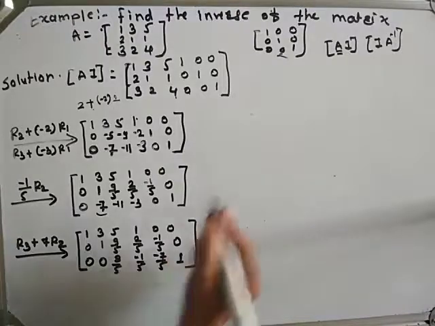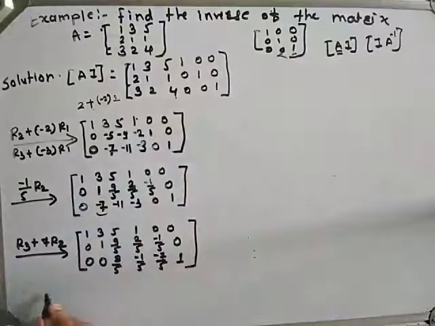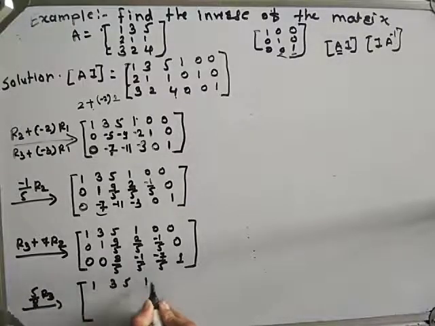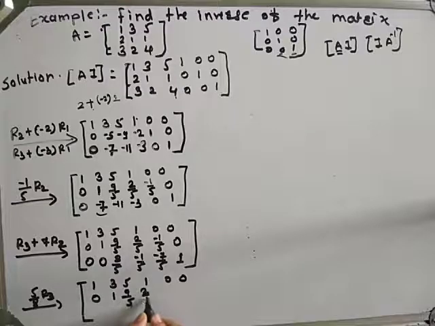Here we require 1. For this we perform the row operation 5 by 8 into R3. The first two rows are 1, 3, 5, 1, 0, 0 and 0, 1, 9 by 5, 2 by 5, minus 1 by 5, 0.